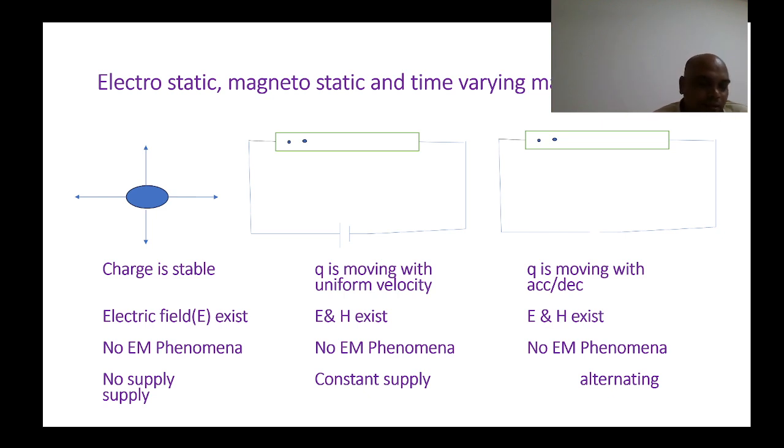After that we will start Ohm's law. This is the basic concept for all units. If you understand electrostatics, magnetostatics and time varying fields clearly, then the first, second and third units are very easy.